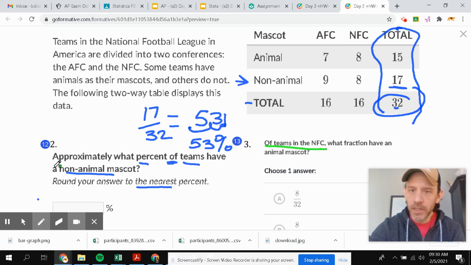Okay, so we'll use green here because all I care about are the teams in the NFC. So I'm going to highlight this group, if my pen works, that are in the NFC. Okay, and the denominator is going to be the total in that group, which is 16.